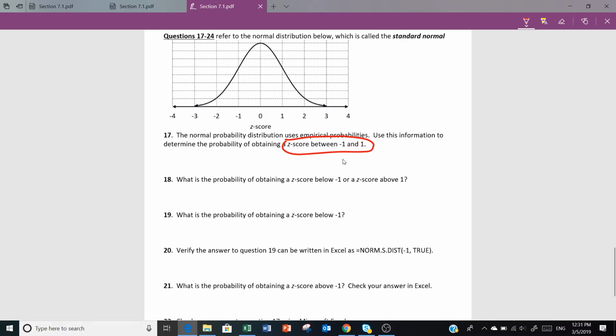So number 22, we're going to do... If you want to verify in Excel, you do 1 minus all that stuff.